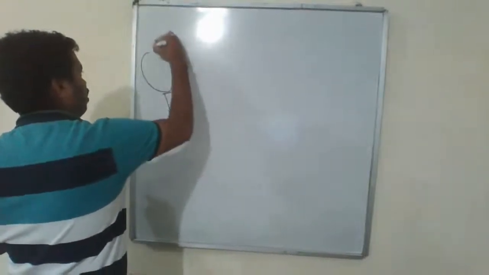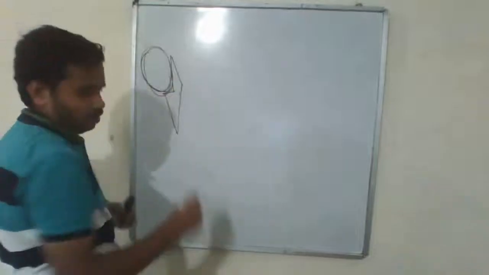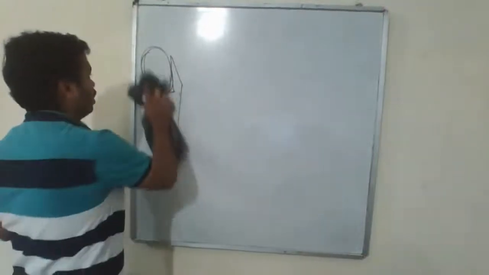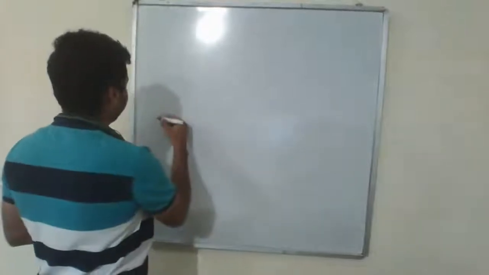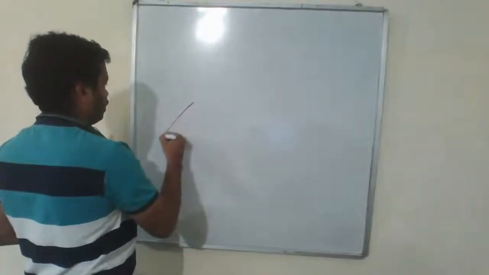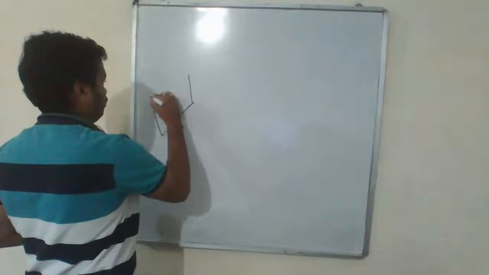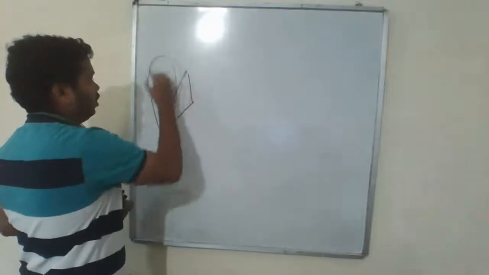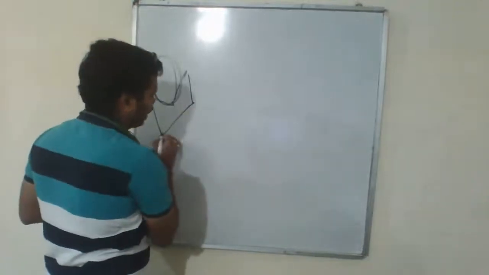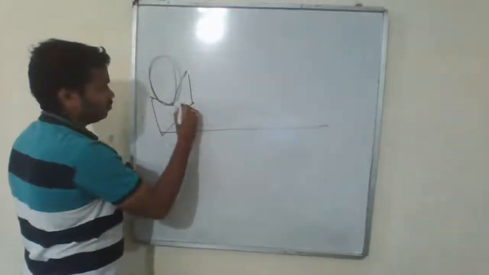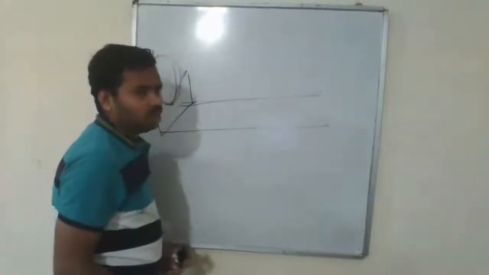So a concave mirror would be taken like this in a V-shaped stand, and it is placed on a surface.